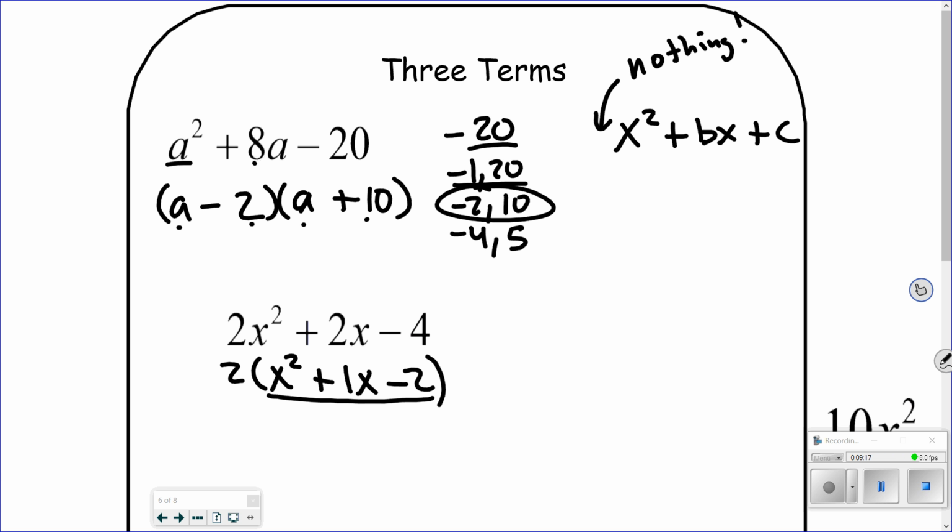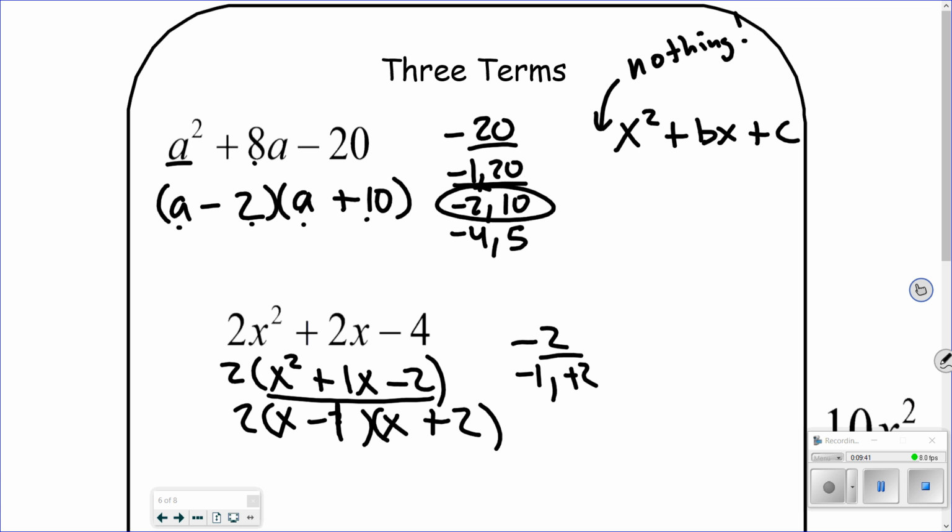But now there's nothing in front of the x squared again, so it becomes one of those easy problems. So 2 sets of parentheses, x and x. And what are the factors of negative 2 that add up to be 1? So you could do 1 and negative 2. That one adds up to be negative 1, so I just need to flip the signs, make it negative 1 and positive 2. So, negative 1, positive 2. Make sure you drop that common factor down.